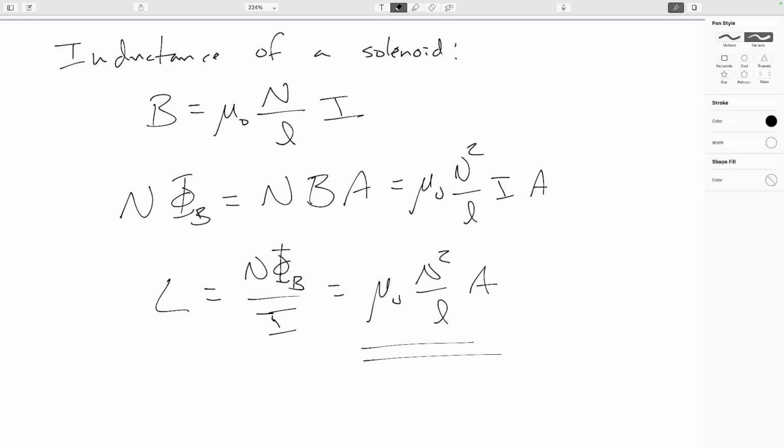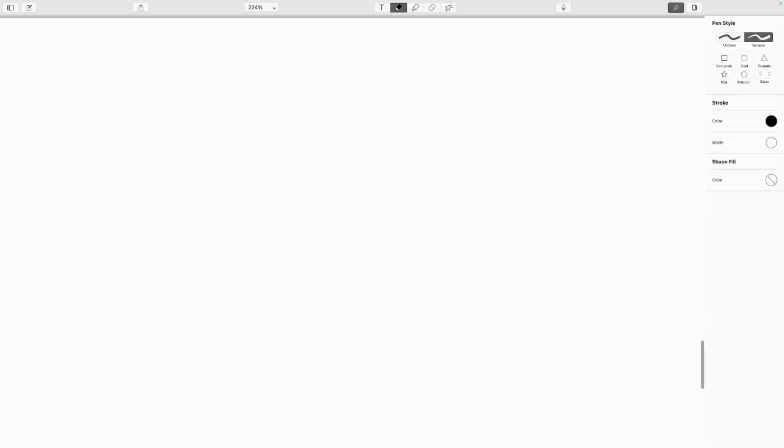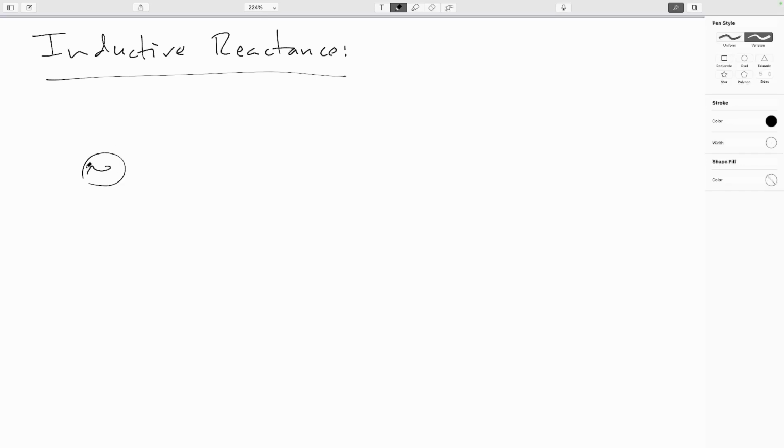Alrighty, so now that we've done that, let's go ahead and actually start thinking about this in AC. So I'm going to introduce the inductive reactance. At the moment I'm going to think of just a purely inductive circuit.